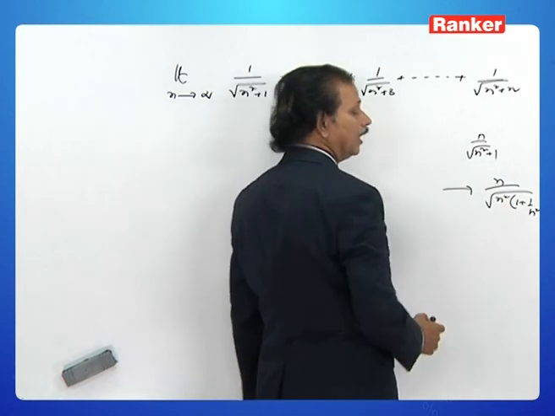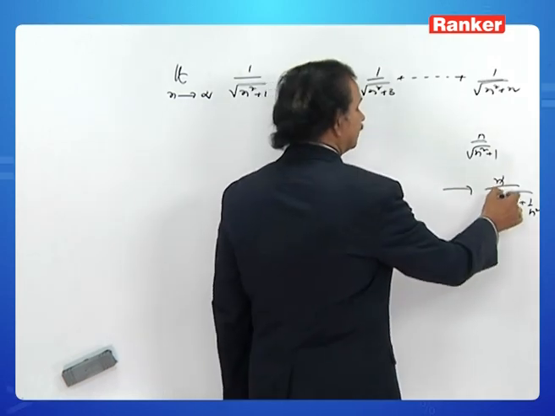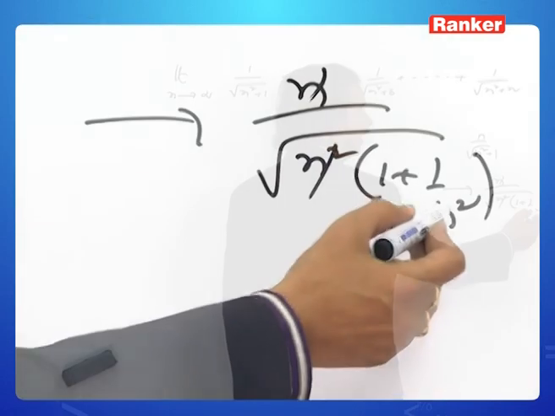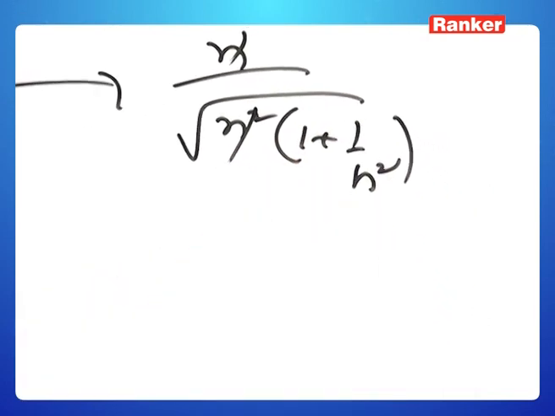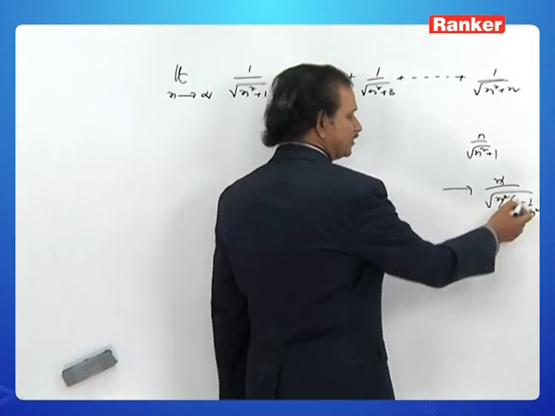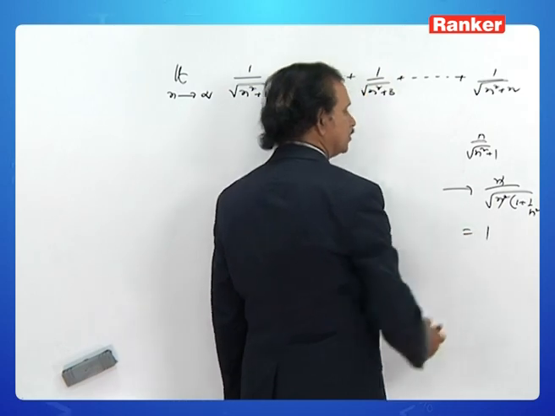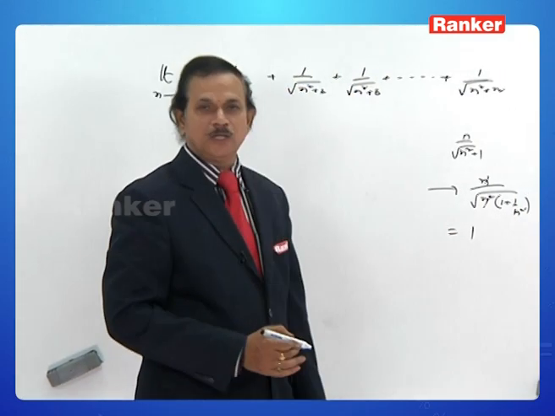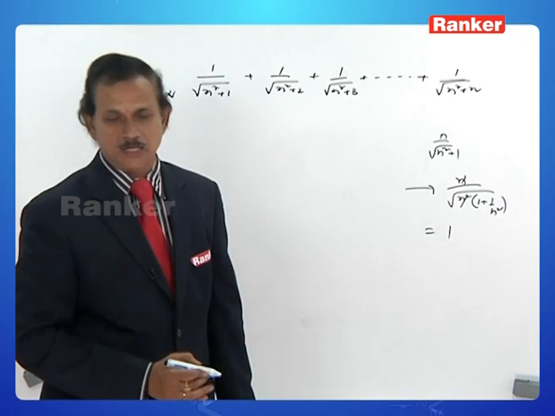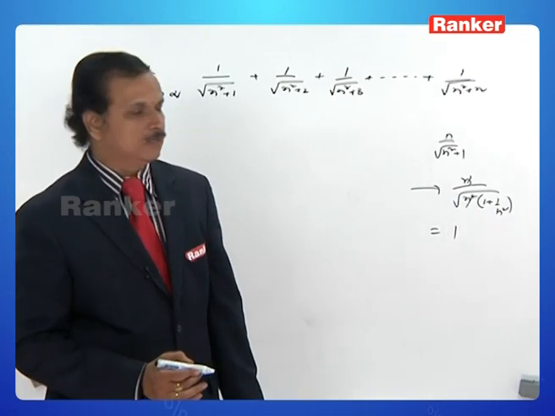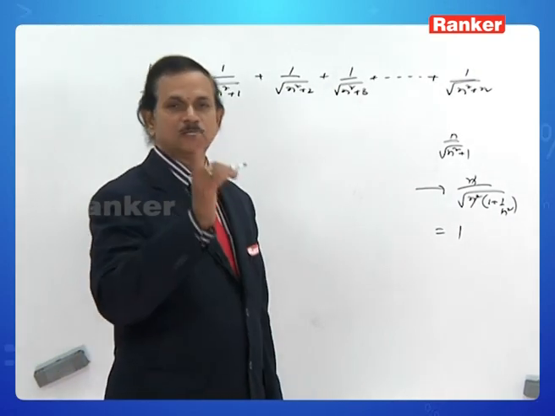What is root n square? It is n, and n and n will be cancelled. As n tends to infinity, 1 by infinity is 0, so 1 plus 0 is 1, and 1 by root of 1 plus 0 is 1. So if you join n in the numerator to the first term, you get it to be 1.